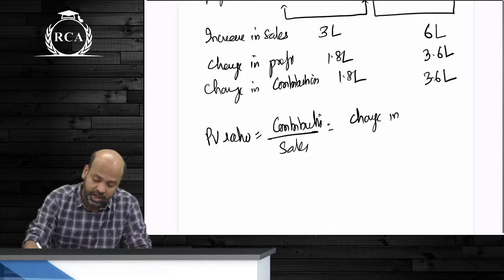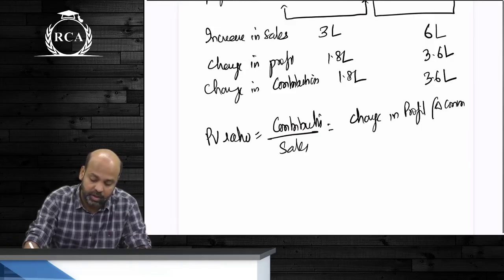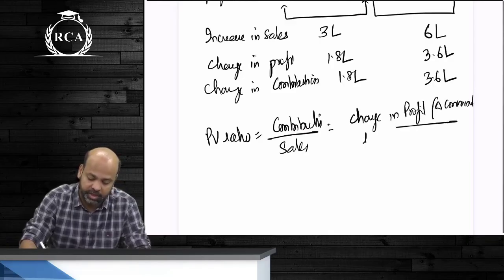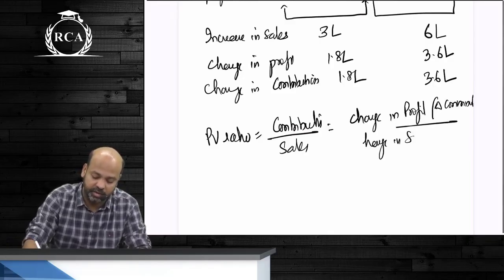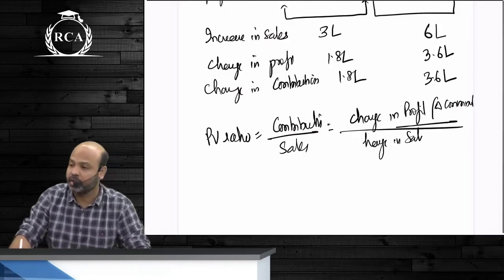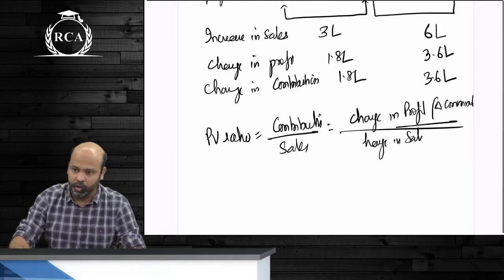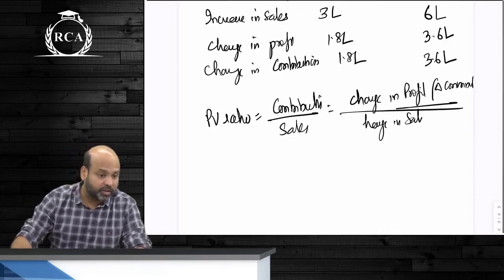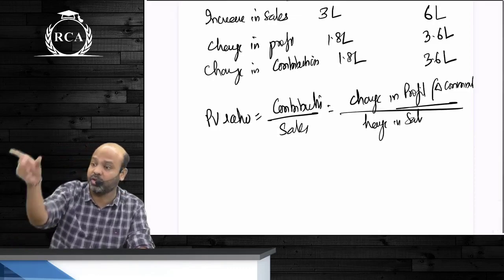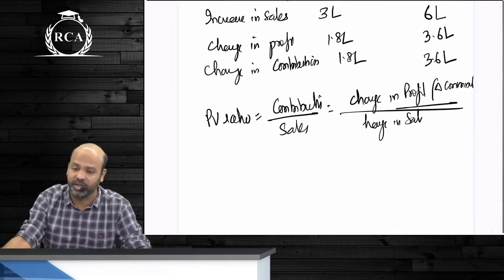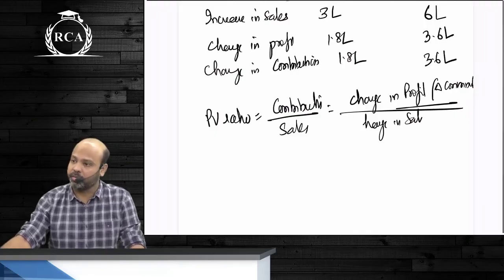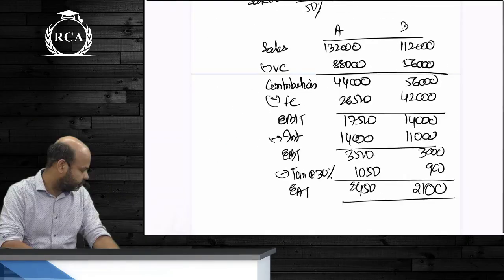So I'm writing change in profit, that itself is change in contribution, divided by change in sales. This will give us the amount of PV ratio. We're going to use this in a lot of questions. So if PV ratio is not given and they give us two different profit levels or two different sales levels, this is how we're going to compute PV ratio. Any doubt in this?